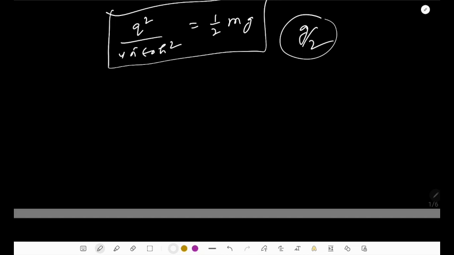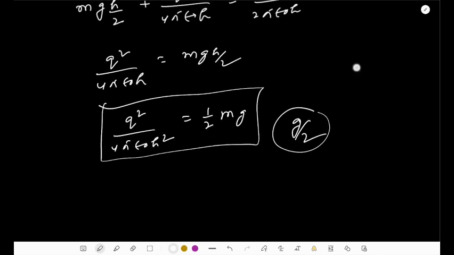And now we need to find the maximum speed of the ball, and we know when it is going to happen: when the acceleration becomes zero, that means the repulsive force is balanced by the force of gravity.